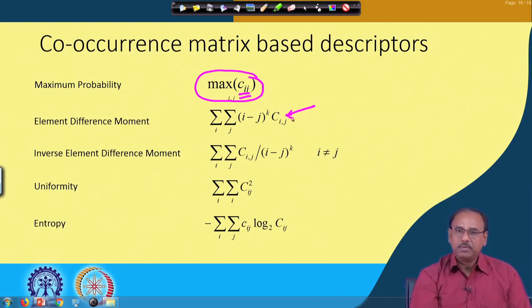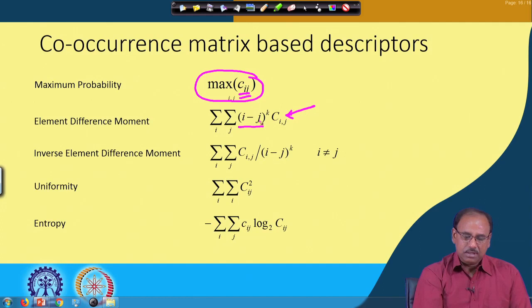You find that if the larger values of C i j are concentrated around the main diagonal of the normalized co-occurrence matrix C i j, then the value of the element difference moment will be very low, because of this factor (i minus j) to the power k.